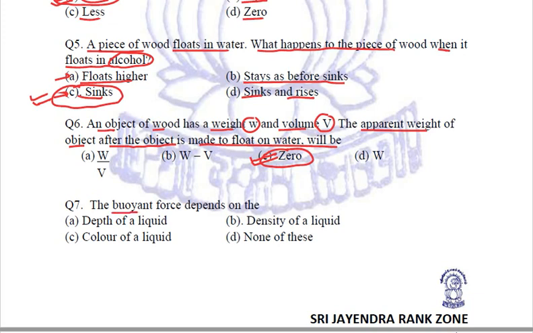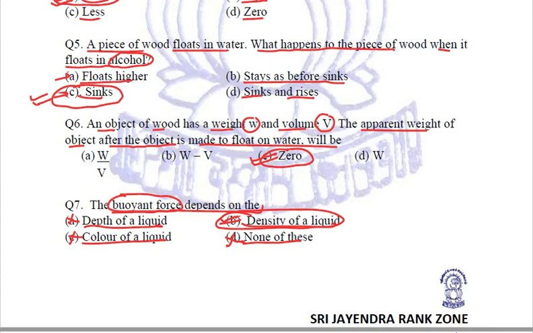The buoyant force depends on the... we have studied there were two factors on which buoyant force depended. One is the volume of the object and another is the density of the liquid. So let us see the options. Depth of a liquid? No. Color of the liquid? No. Density of the liquid? Yes. None of the above? No. So it is the density of a liquid.